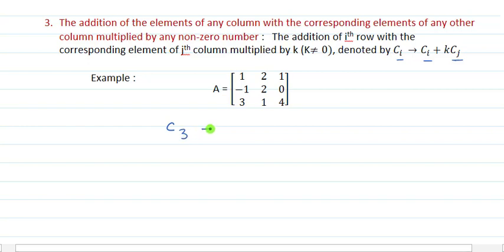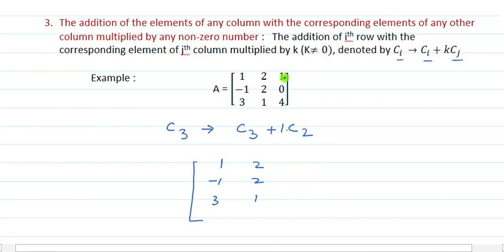Means C3 implies C3 plus, let me take it, C2. Means I just multiplied C2 with 1. Means 1 C2. So this operation can be applied in the way, as we are doing operation on C3 only. Other two columns will remain same. Let me write them as it is.